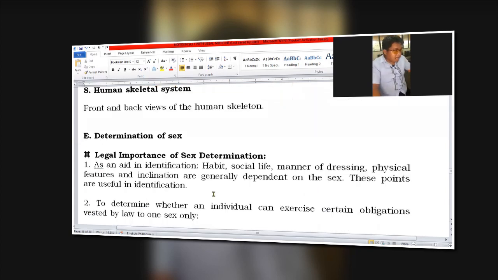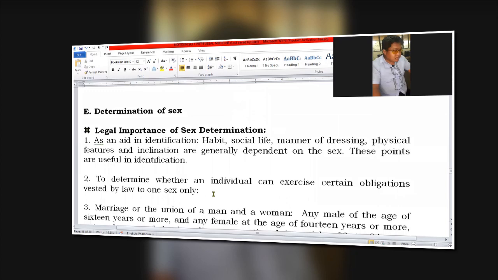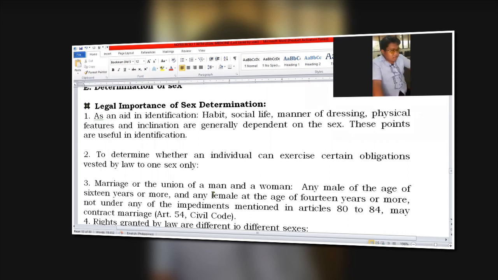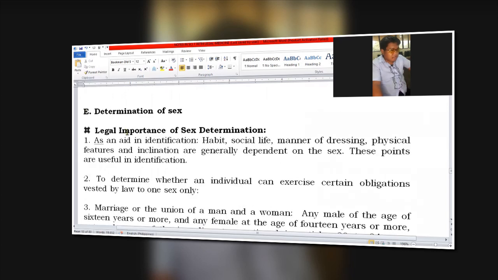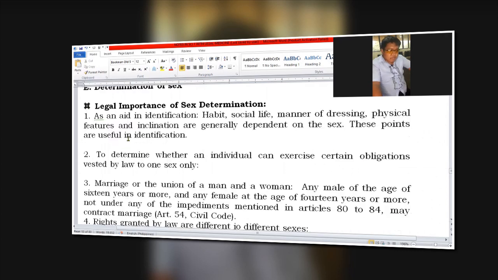The next is the determination of sex. What is the legal importance of sex determination? As an aid in identification: habit, social life, physical features. Is it important to determine sex or gender? Of course, to determine whether an individual can exercise certain obligations vested by law to one sex only.